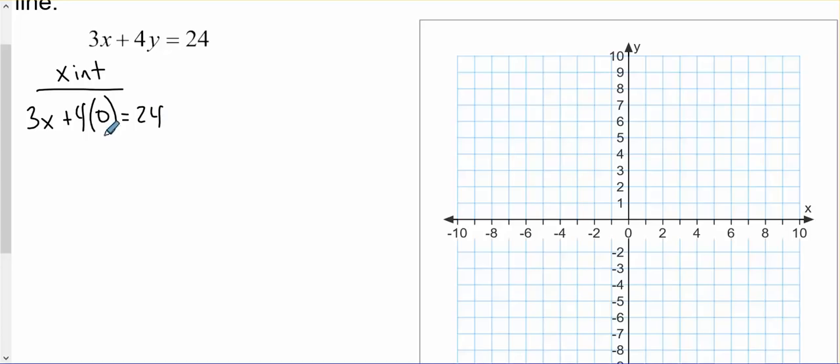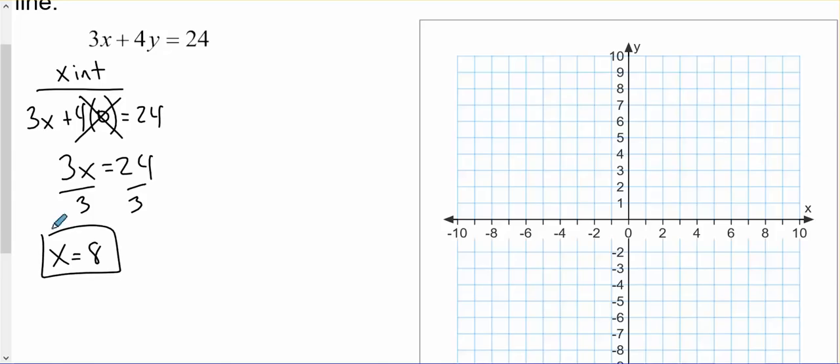And eventually I'm just not even going to write this, because it goes away every time. So for our x-intercept, all we care about is our x part of it. Divide by 3, and we say our x-intercept is 8. Put a point at 8.